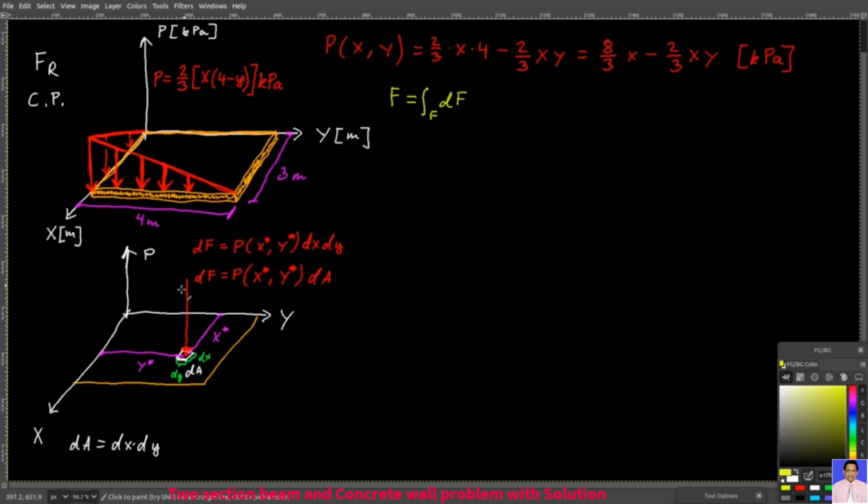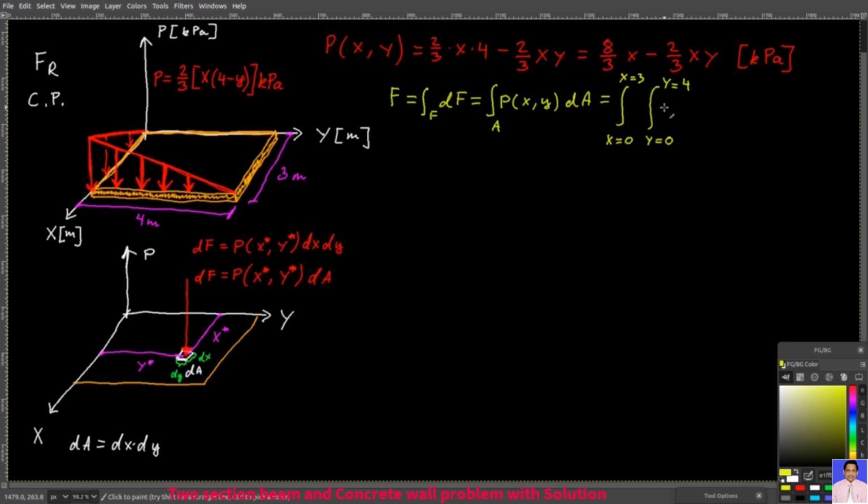So the total force equals the integral of dF, where I will sum up all the infinitesimal differential forces as I sweep through this area, or I can write the integral of pressure times dA, or I can have a double integral. The outer integral goes from x equals 0 meters till x equals 3 meters, and the inner integral goes from y equals 0 meters till y equals 4 meters.